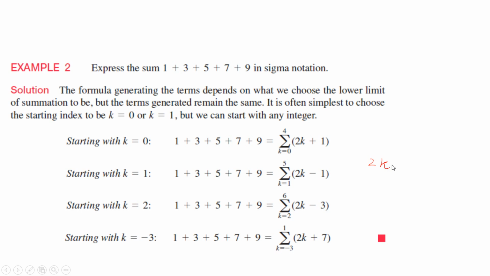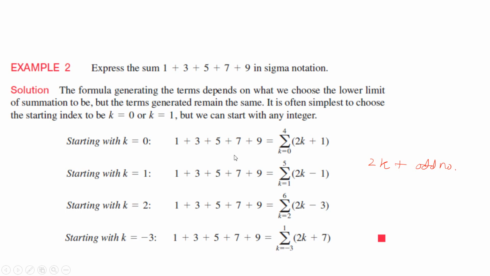Okay, we'll start with 2k and then we'll add some odd number, because this is sum of odd numbers. So in order to make sure that the number is odd, we have to add an even number and an odd number, right? So we'll start with 2k and we'll add appropriate odd number in order to find the kth term for the sum.